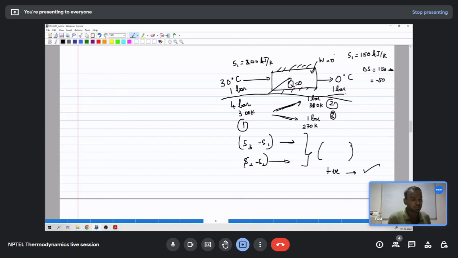There is no heat transfer or work transfer in this system. Only the entropy has gone down by 50 kilojoule per kg Kelvin, or 50 units. So from this we can say that this system is not possible. And similarly for the given system, based on the entropy sign, we can say if it is possible or not.